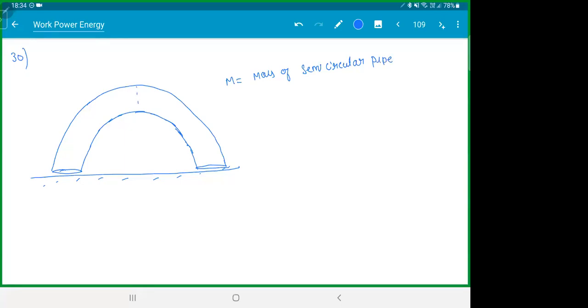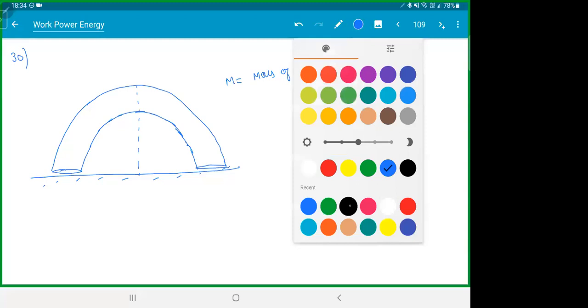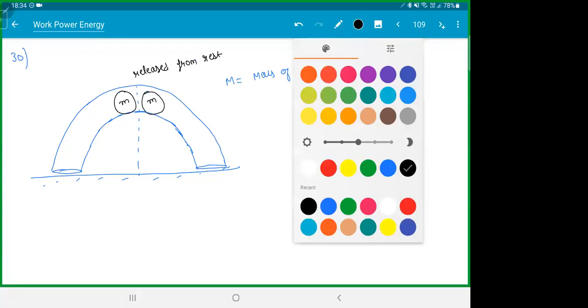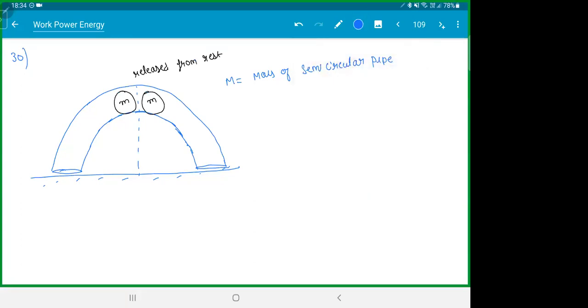So inside we have two balls. Again, I'm exaggerating the figure here. Small m and small m. Both are released from rest. So what happens? And the balls are loosely fitted inside.